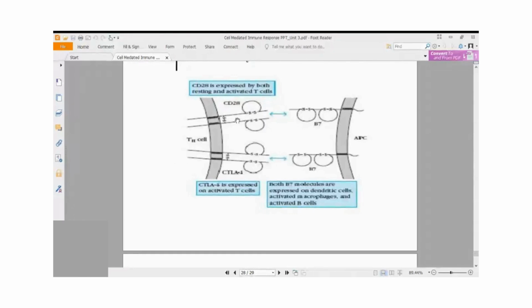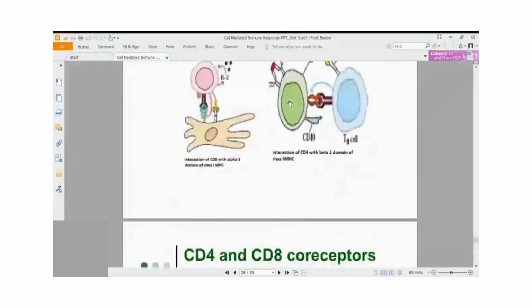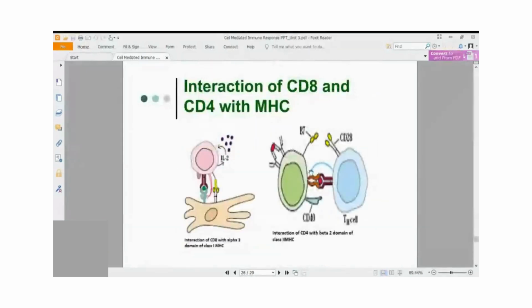The CD28 receptor is always expressed first, because it is responsible for the activation of the TH cell, which generates signal 2. After the first conjugate or first synapse of TCR with the class 2 MHC following contact with the antigen presenting cell, the second synapse will be established between B7 and CD28.